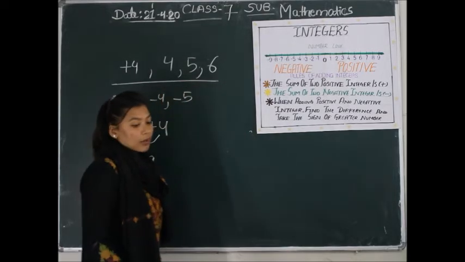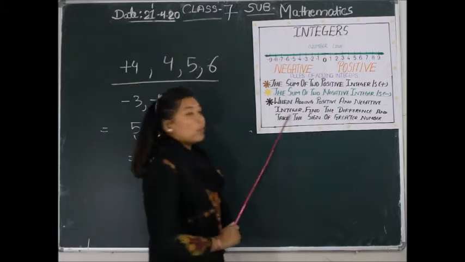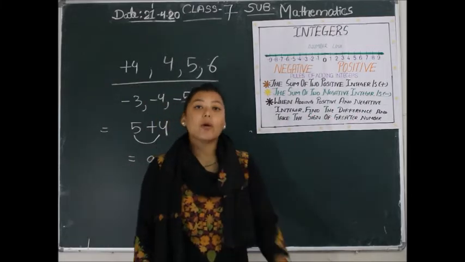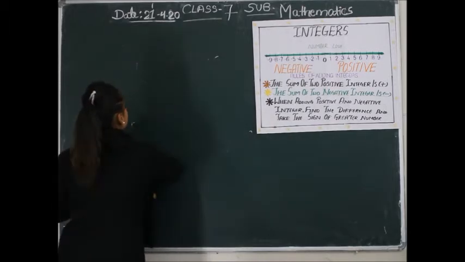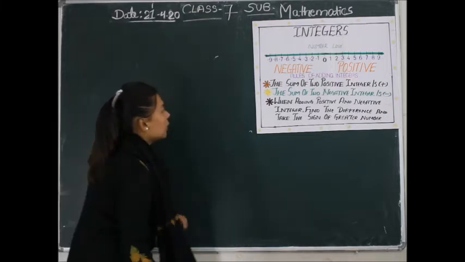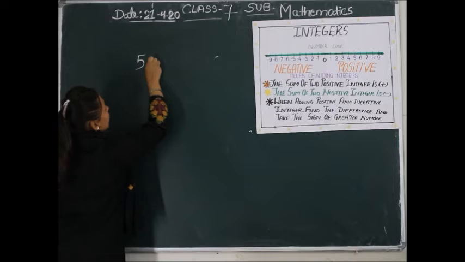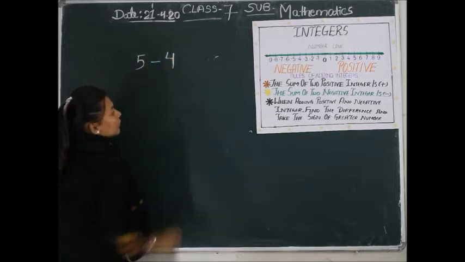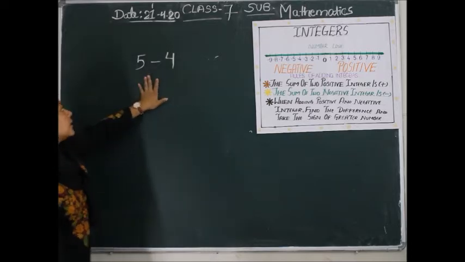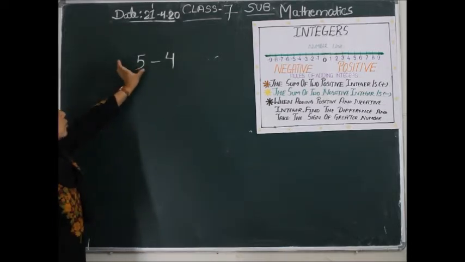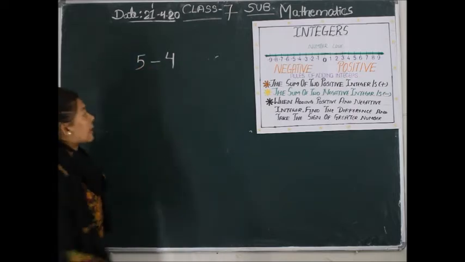Now the third one, okay, last one, when adding a positive and a negative integer, when the signs are different. Here one is a positive integer, and another one is a negative integer. Now when adding positive and negative integers, we need to find the difference. Now when both the signs are different, first what do we have to do? We will have to subtract.